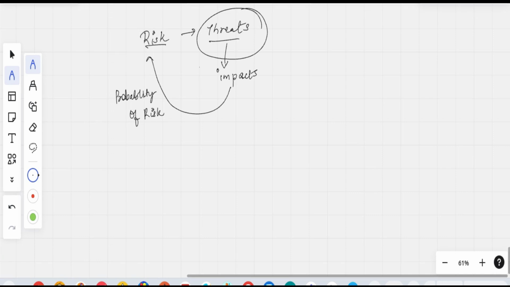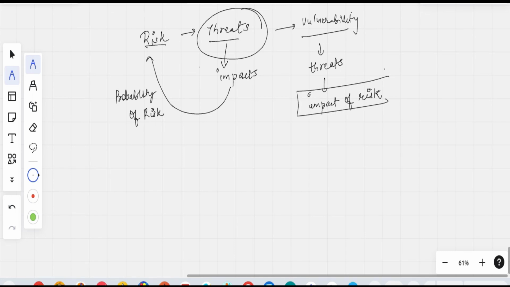Once you identify that the vulnerability is actually a threat to your organization, you start calculating. So a vulnerability causes a threat, and if there is a threat, then you look for the impact of risk. This is how risk comes into the picture.